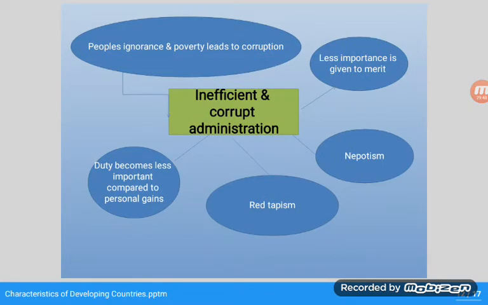Now in developing countries, what is mostly seen is that everywhere we see inefficient and corrupt administration. Inefficient means they are not able to do their work to 100%. Corrupt means they are misusing funds and misusing their authority.